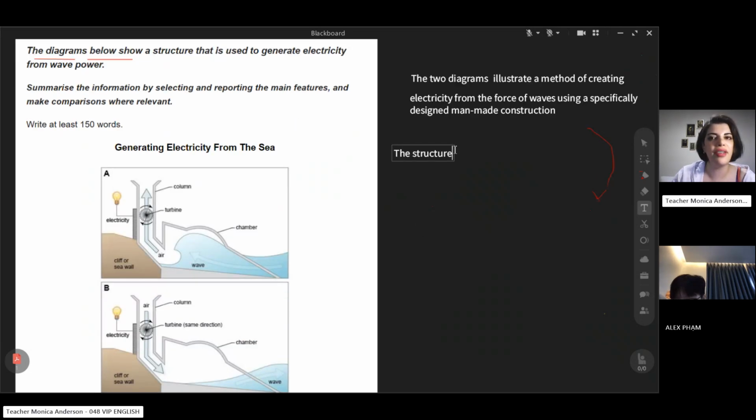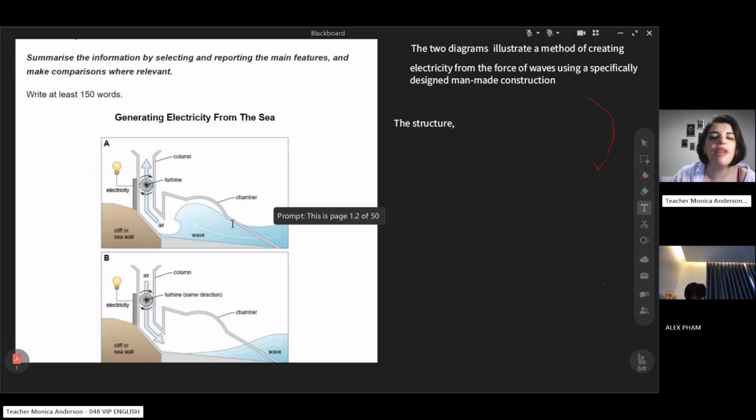Now I can show that I have enough vocabulary resource and know the synonyms. Now, this structure, how many parts? First of all, what is this? Can you tell me? If you don't know the words, no matter, just try to tell me what does the structure consist of?